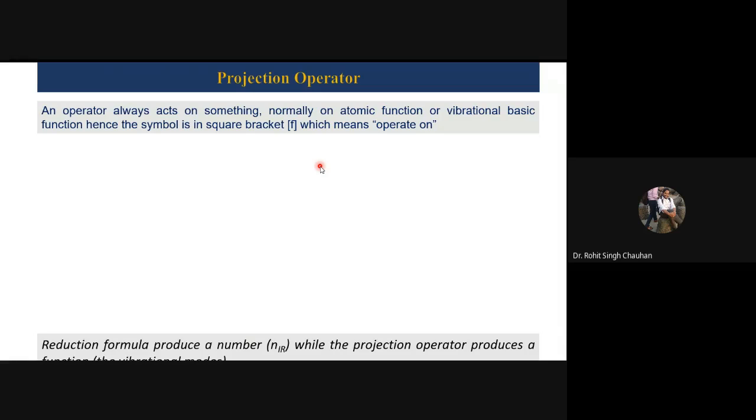That will be the vibrational mode, the translational mode, the breathing mode, the umbrella mode. Various names are there, but now we can understand the importance of projection, right? I have written that an operator always acts on something, right? Normally on an atomic function or the vibrational basis function, the symbol is the square bracket F, which means operate on.